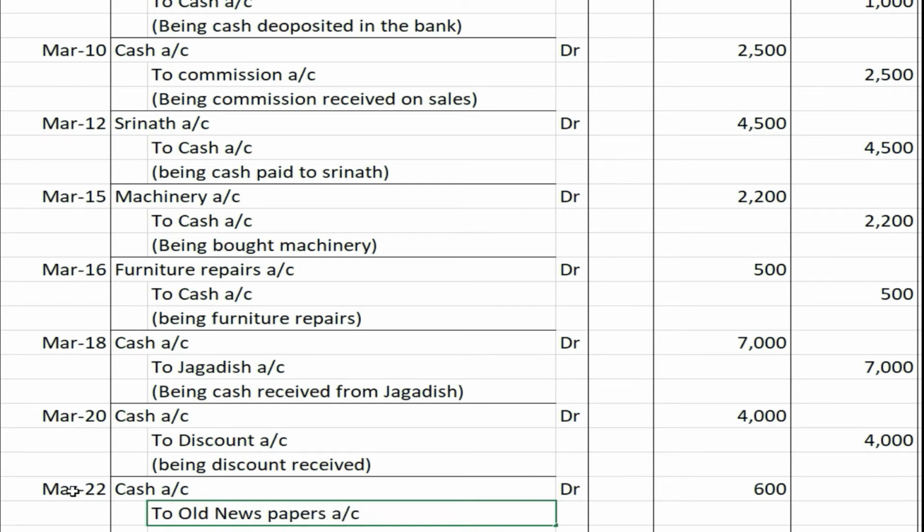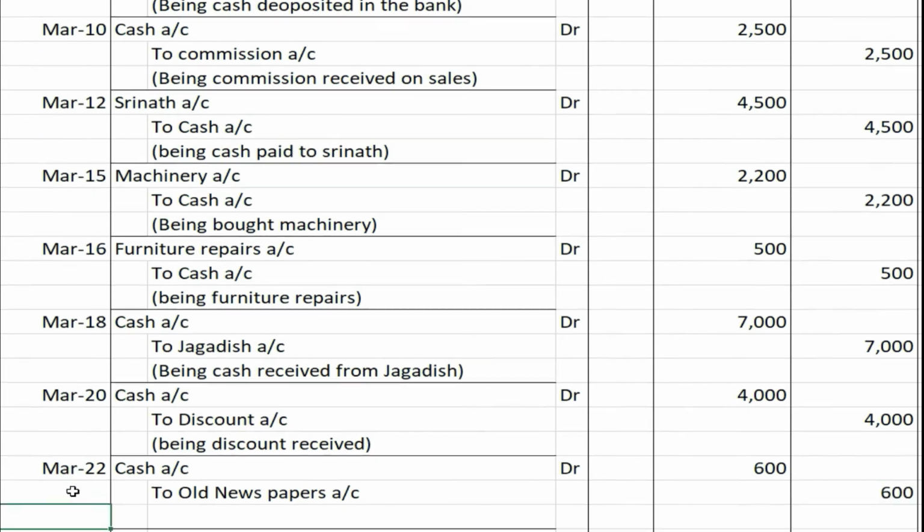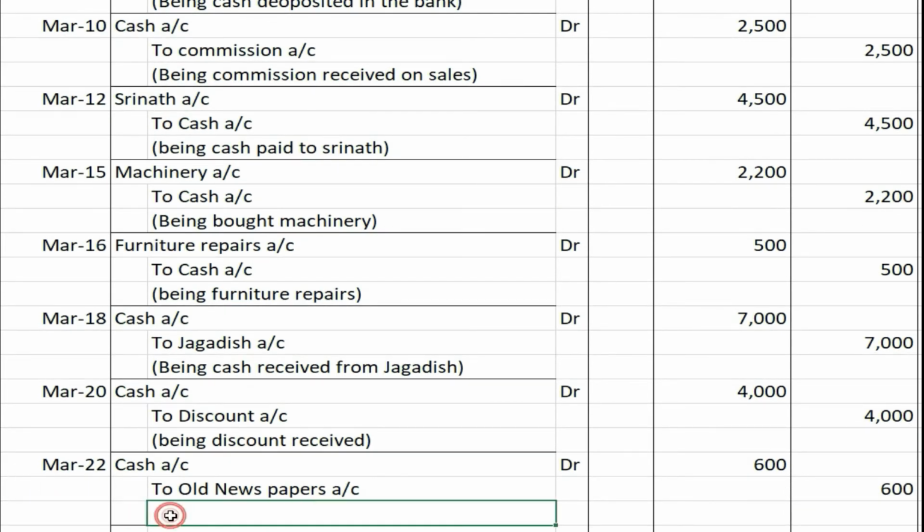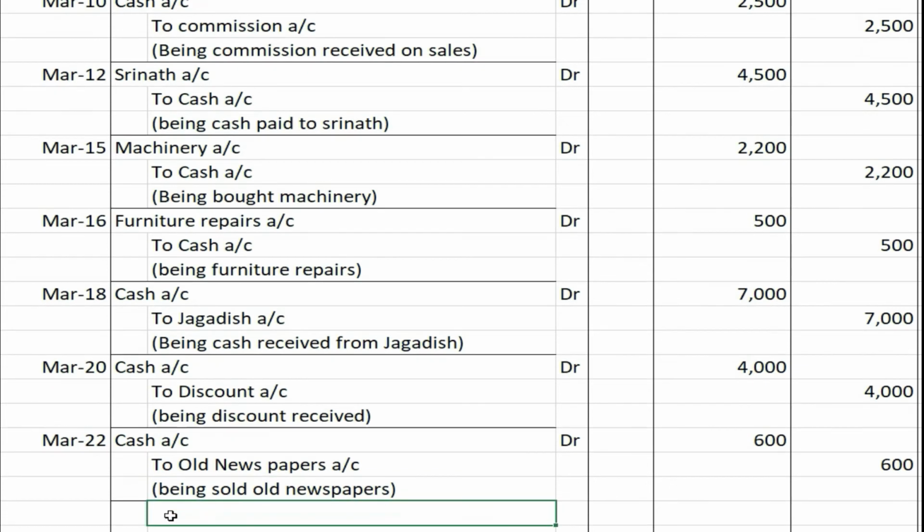In the credit column, amount 600. Next, narration within brackets being sold old newspapers, bracket close. Then underline.